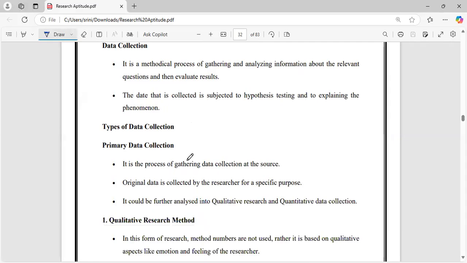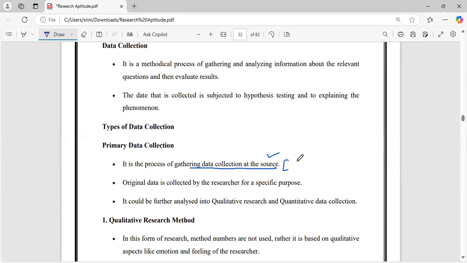Primary data collection is the process of gathering data at the source. If I say that we are doing fact-exposing research, we have to gather information from the people who have experienced the problem.